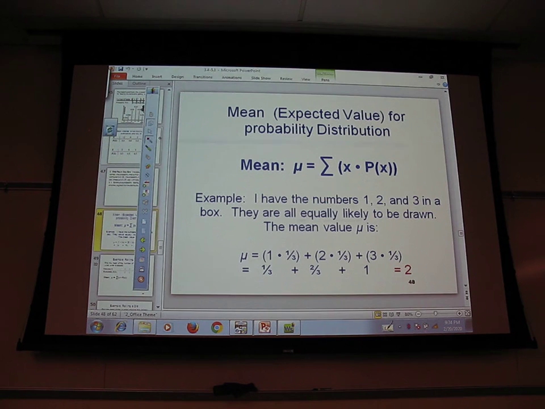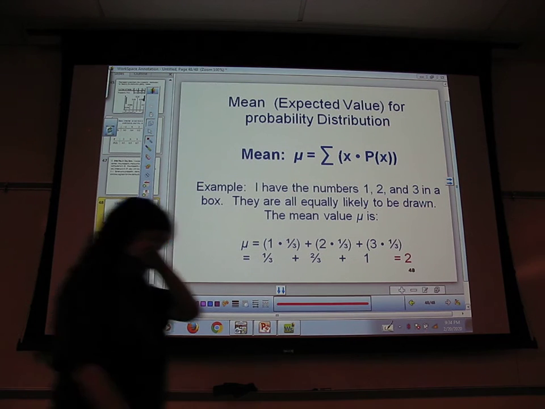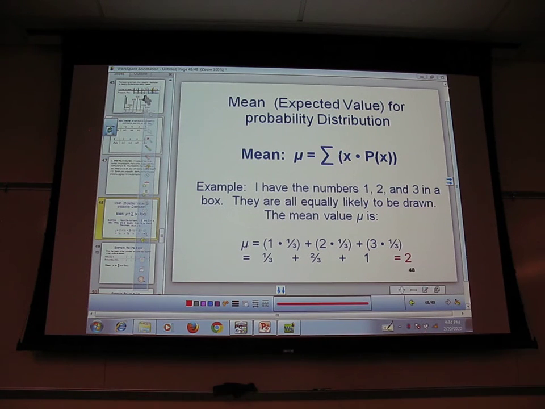Now we're going to talk about the mean, which is also known as the expected value. Mean, expected value, they are the same thing. The mean is your average. What do you expect to get? On average, you're going to get blank, right? That's what you expect to get. So what is it? It's basically a weighted mean.